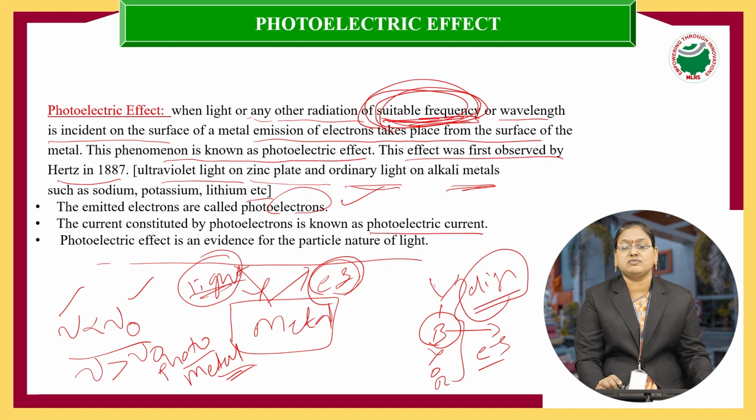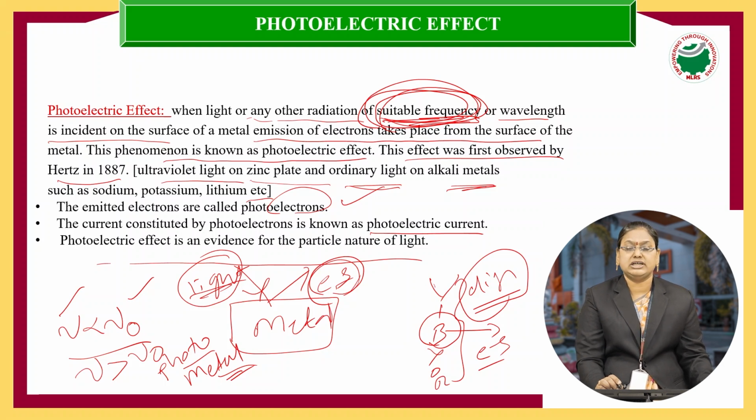That particular frequency we are calling threshold frequency, the minimum frequency of incident radiation which causes the photoelectric effect. At threshold frequency, electrons are only emitted without additional energy, so kinetic energy is 0. If the incident frequency is less than threshold frequency, no photoelectric effect occurs. If it is greater, then the photoelectric effect takes place.